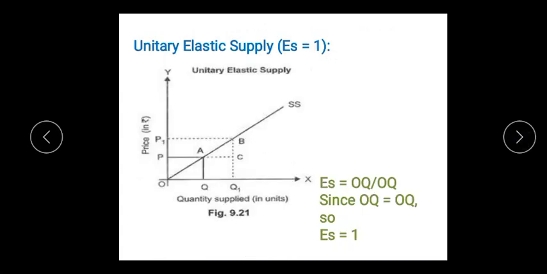Second, when a positively sloped supply curve starts from the origin, then elasticity of supply is equal to 1, or we can say it has a unitary elastic supply, and this is this curve which starts exactly from origin.